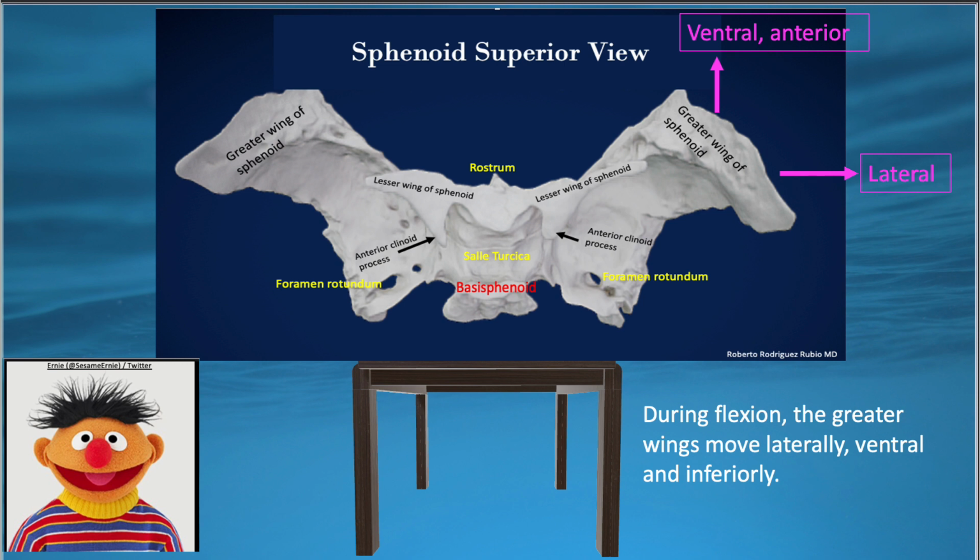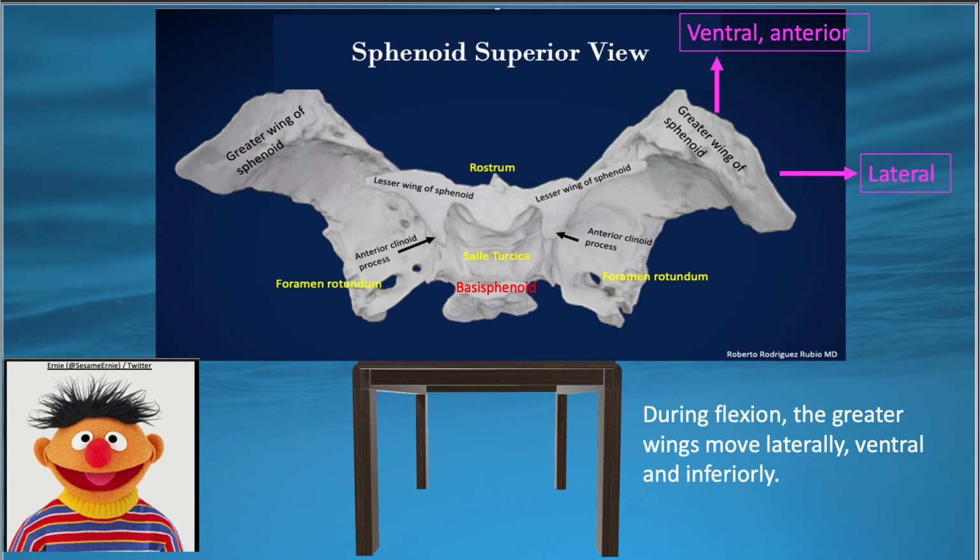Now, during flexion, the greater wings, and you're going to be able to palpate the greater wings through your index fingers, all right, are going to move ventrally or anteriorly, laterally, and also inferiorly. I can't show you on this slide it moving inferiorly, but it's moving in those three directions.